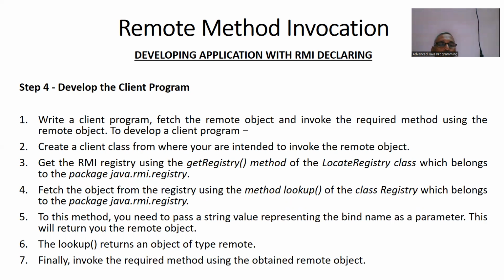Fetch the object from the registry using the method lookup of the class Registry, which belongs to the package java.rmi.registry. To this method, we need to pass a string value representing the bind name as a parameter. This will return the remote object. The lookup returns an object of type Remote. Finally, invoke the required method using the obtained remote object.